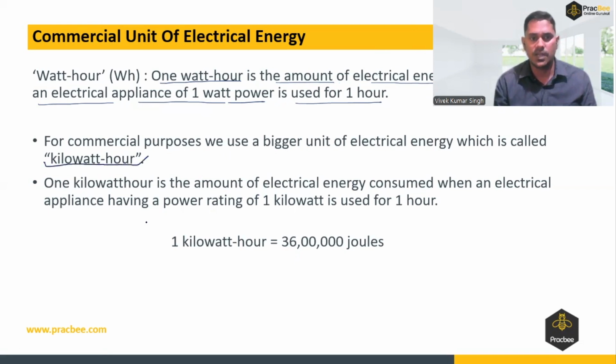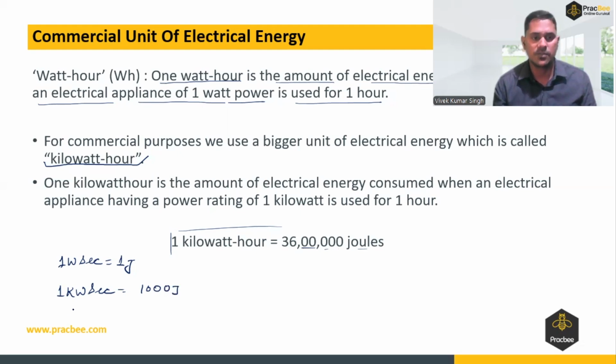The commercial unit of electrical energy is kilowatt hour, and 1 kilowatt hour is equal to 3.6 times 10 raised to the power 6 joules. How do we define it? It's very simple. We know that 1 watt second is equal to 1 joule. So 1 kilowatt second would be equal to 1000 joules.